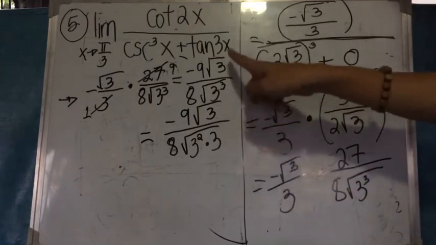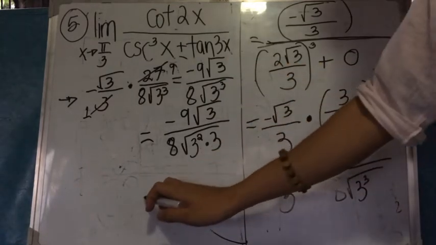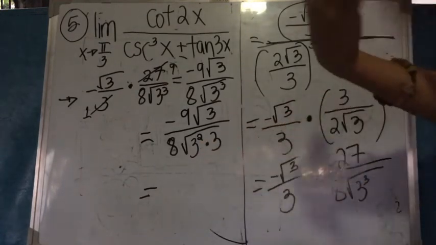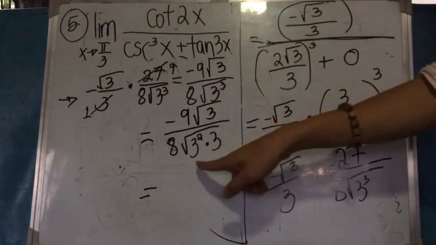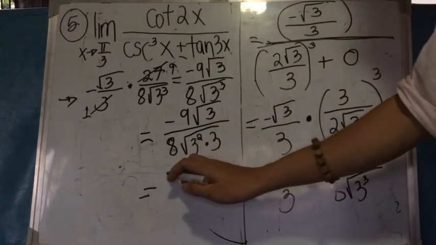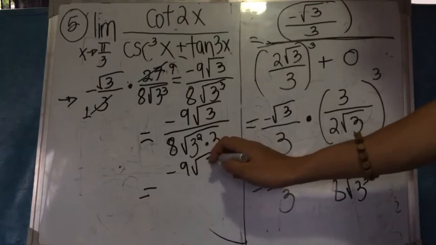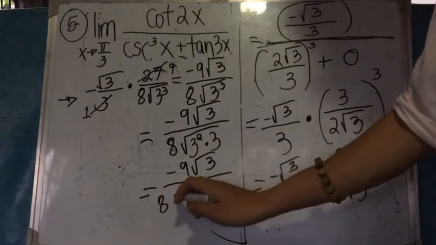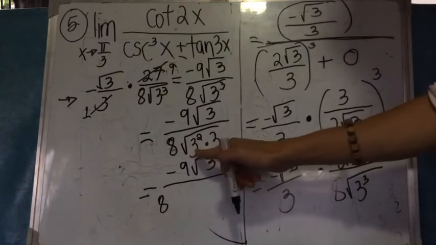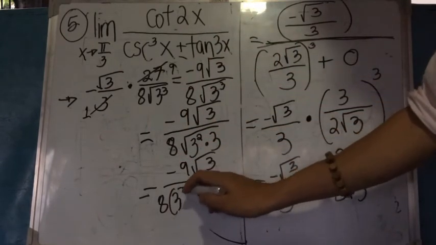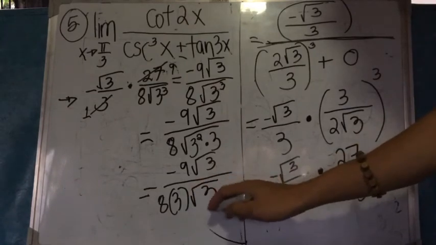So we can simplify it that way. Very obvious that for the 3 squared, we can find the root of 3 squared, and that is 3. So it will become negative 9 square root of 3 over 8 here. What is the square root of 3 squared? That is 3, so multiply 3 here. What remains now is square root of 3.